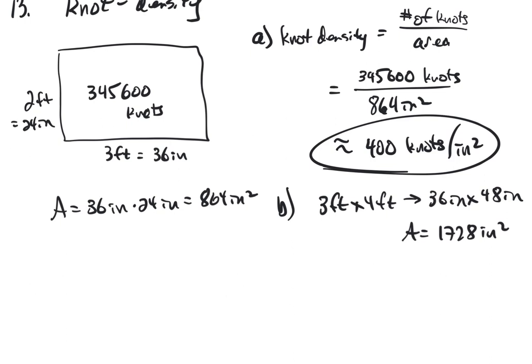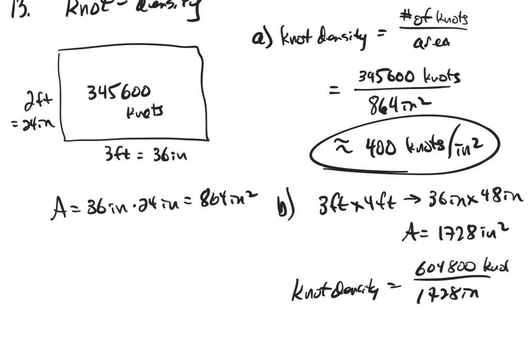Okay, and so to calculate the knot density for the second rug, we take the number of knots, once again 604,800, and divide by the area. So we have knots per square inch.